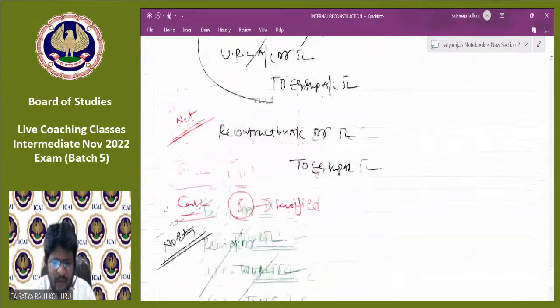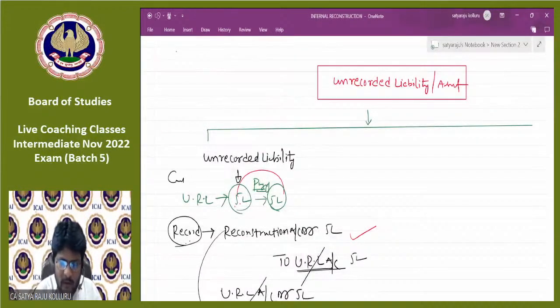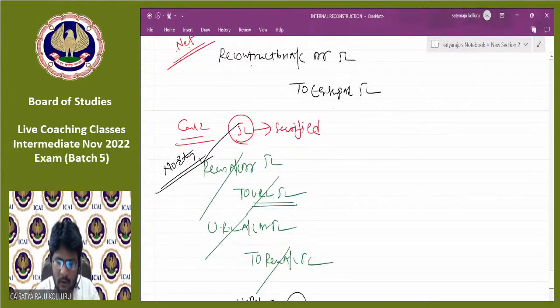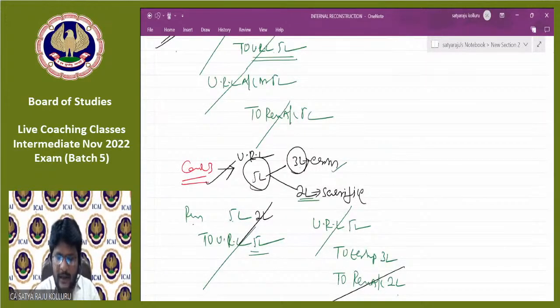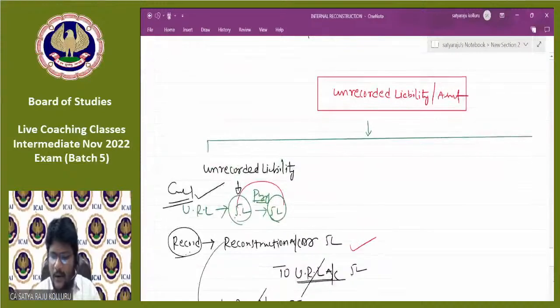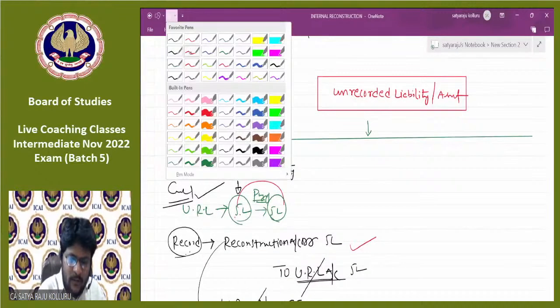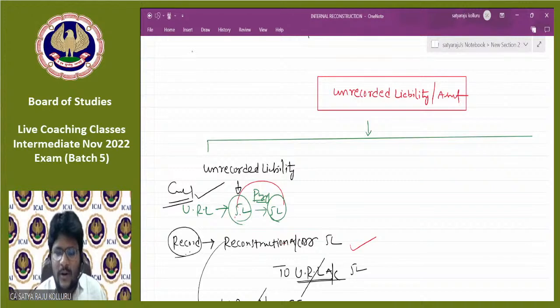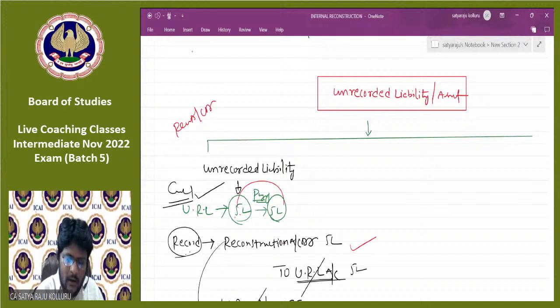Sir, from case 1 to 3, what can I conclude? The conclusion is pretty simple. At the time of discharging an unrecorded liability, the journal entry is reconstruction account Dr. to the discharged amount.